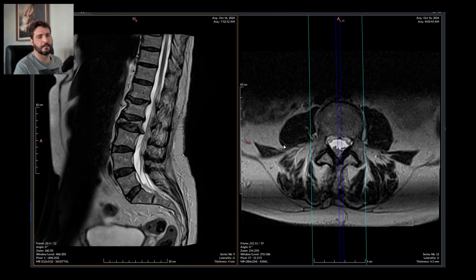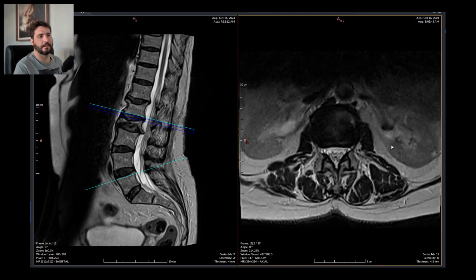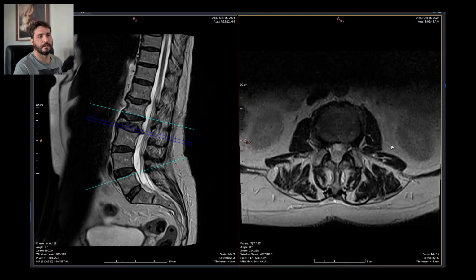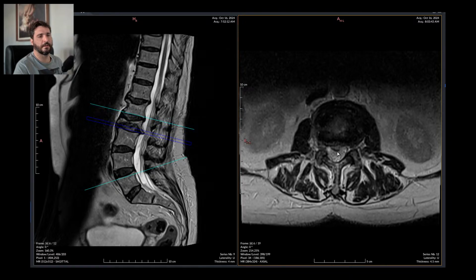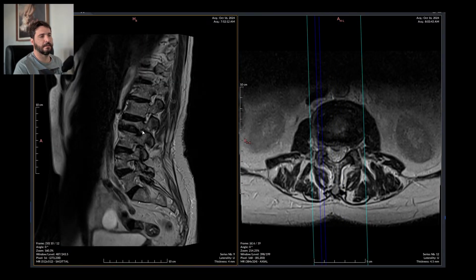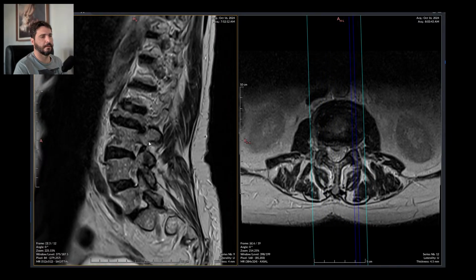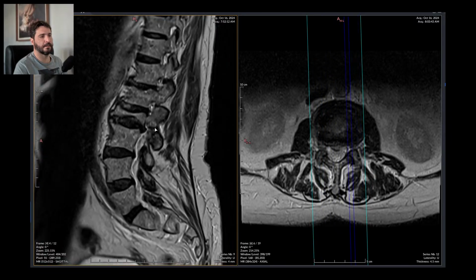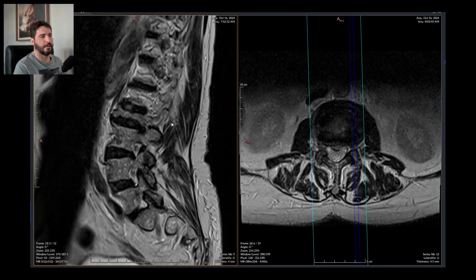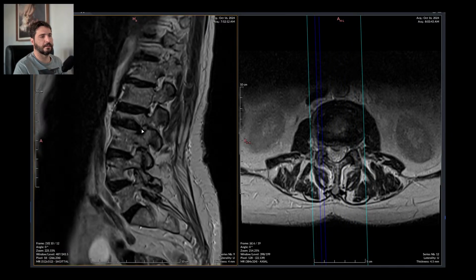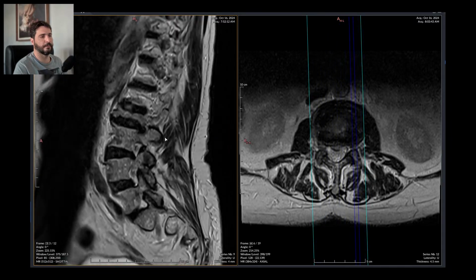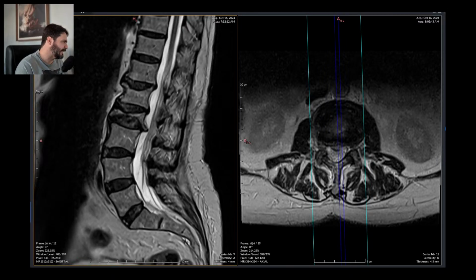Let's see how bad it is. Yep, vertebral canal stenosis right there. That is mild stenosis, and severe stenosis of the right foramina. And the left foramina is also destroyed. This is extremely painful, so let's write that down.